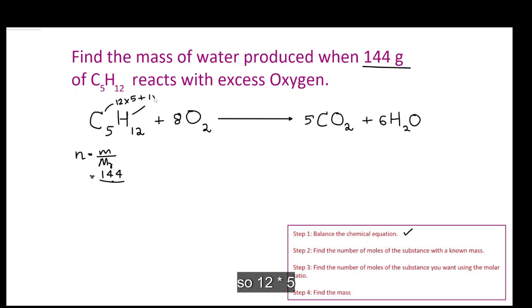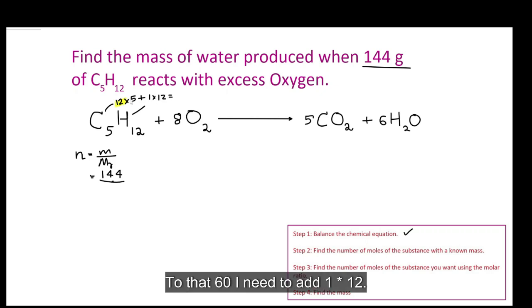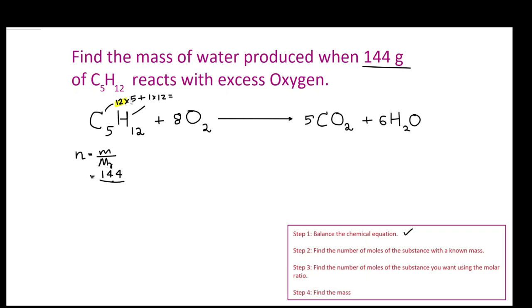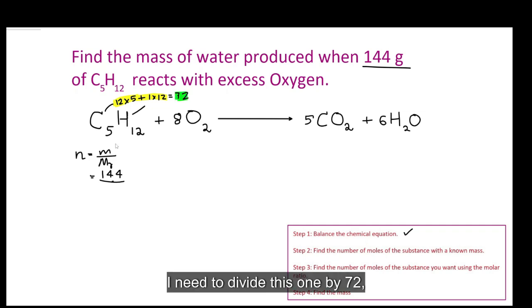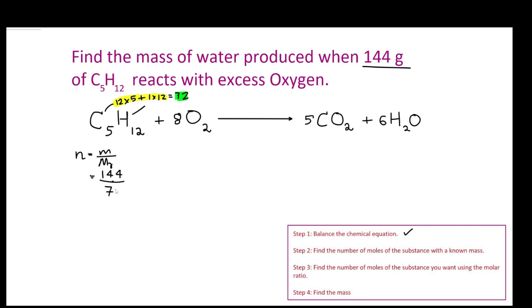So 12 times 5 is 60. To that 60, I need to add 1 times 12. That gives me 72. So 72 is the Mr of C5H12. So what do I do? I need to divide this one by 72. So I know that gives me 2 moles.